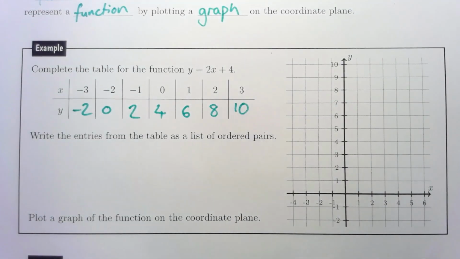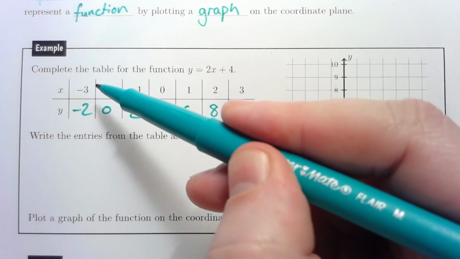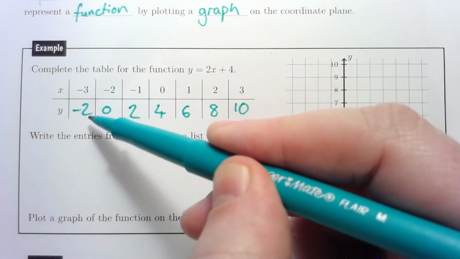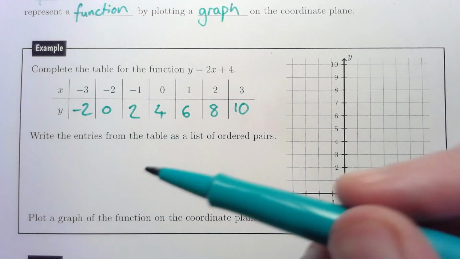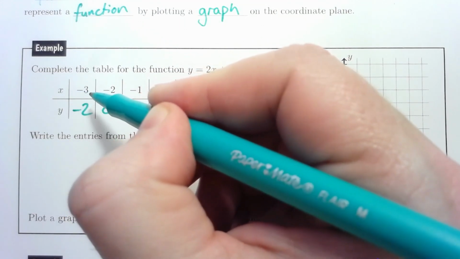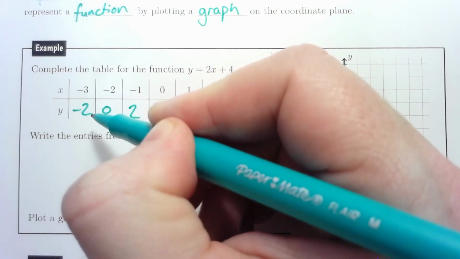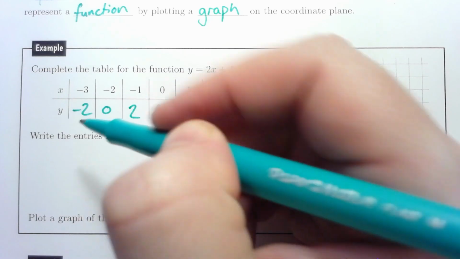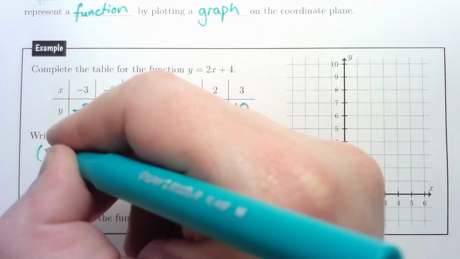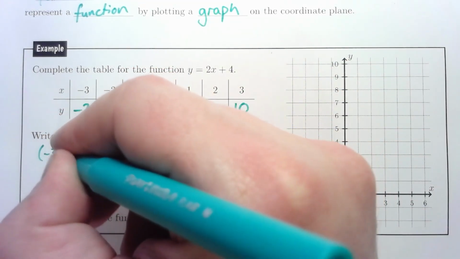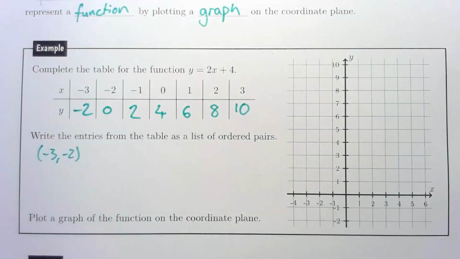Now, each entry in our table where we have an input and an output can be written as an ordered pair. So, where we have input x equals -3 and output y equals -2, that's the ordered pair, -3, -2.